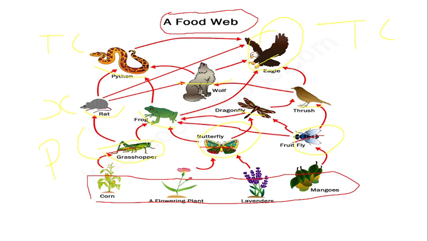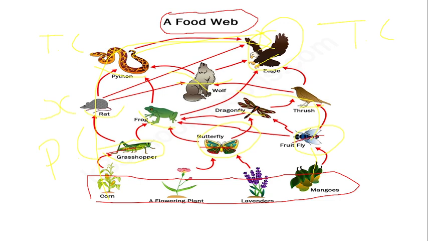So here you are seeing there are many food chains like this: corn, grasshopper, rat, python, and the eagle. This is one food chain. So let me change. Here also, that is another example of a food chain.